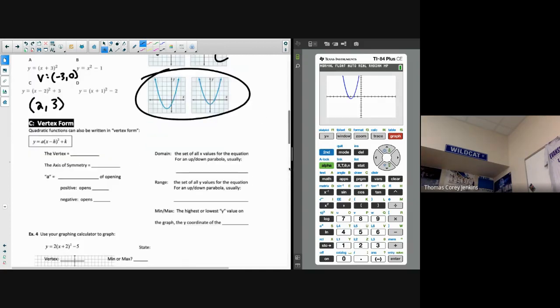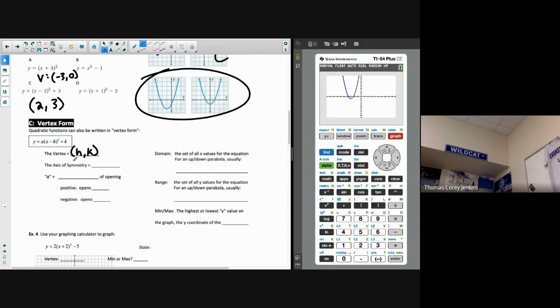All right, so now we're getting to vertex form, which is basically what we have seen our equations so far listed in. For vertex form, our vertex is at H, K. Remember, inside parentheses is always left or right, outside is up or down, okay?